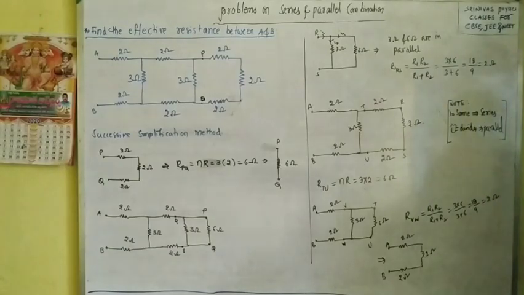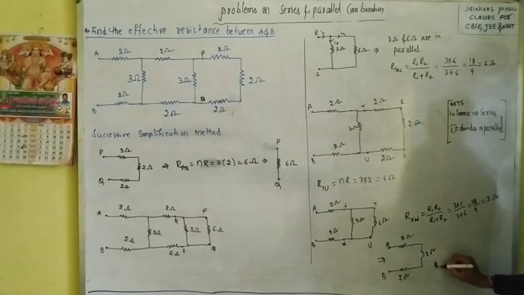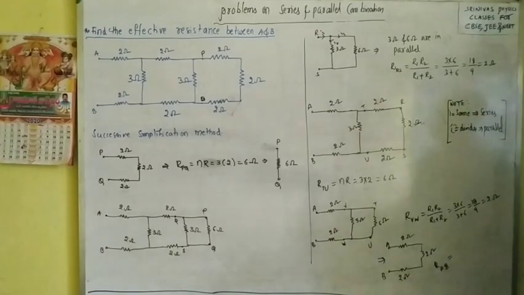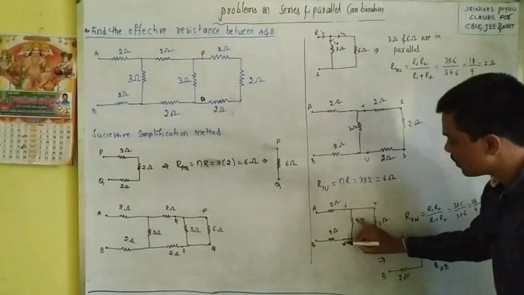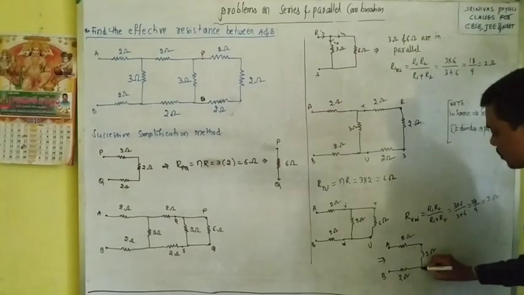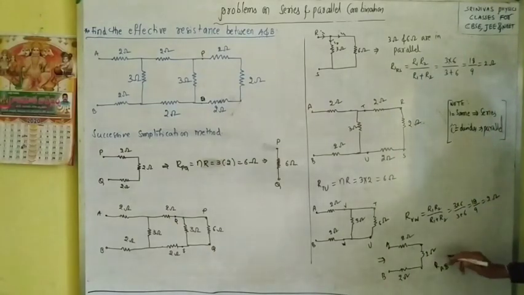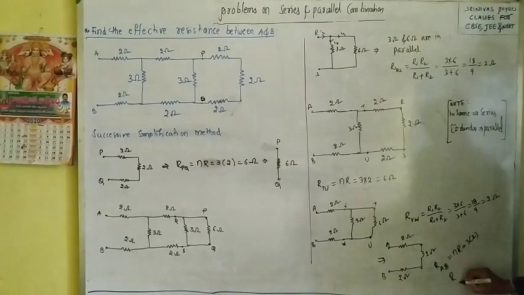Now, what is the effective resistance between A and B that we want? It was very simple to find. This is V, this is W. We have to find N times R, where R is 2 ohm and N is 3. Then the final answer is 6 ohm.